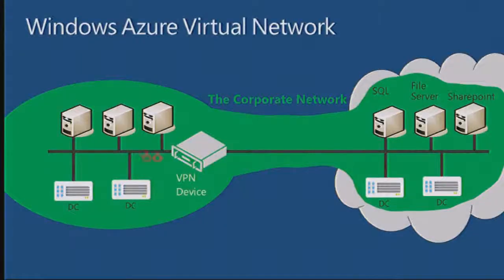All those machines see each other as if the VPN device is simply a router between the two bits of the network. So one machine can talk to another, just as if it was a branch office and I was connecting them all together via a VPN.